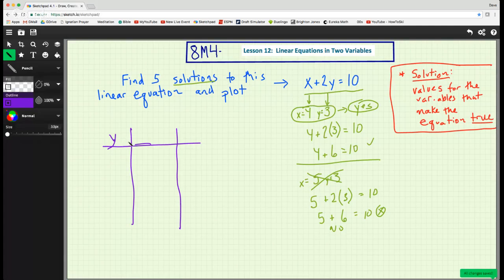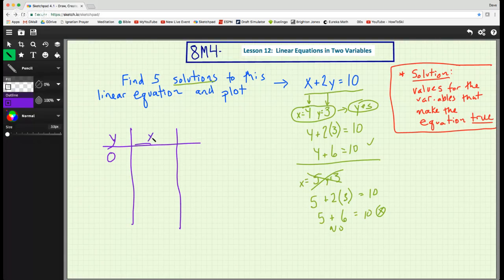So we're going to put our y here, and then we're going to do this equation, and then we're going to figure out what x has to be to make this thing true. So let's say y is 0. Let's start with a nice, easy number like 0. Now I'm going to do some math.